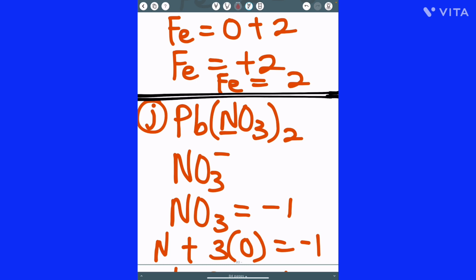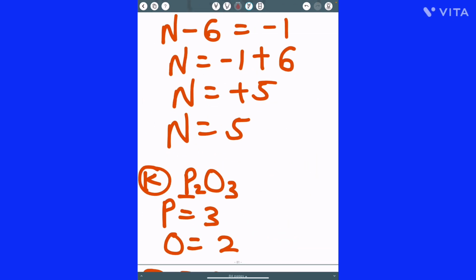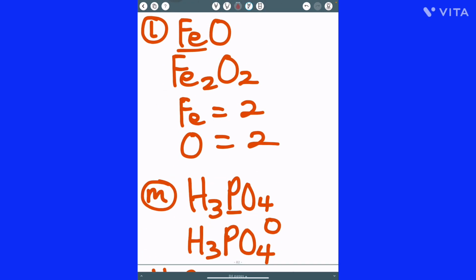You do the same thing in lead trioxonitrate 5. In lead trioxonitrate 5, the charge of the NO3 minus is -1. So we solve for the charge of nitrogen the same way. Exchange will give us the valencies of phosphorus and oxygen here. And you do the same thing for FeO.